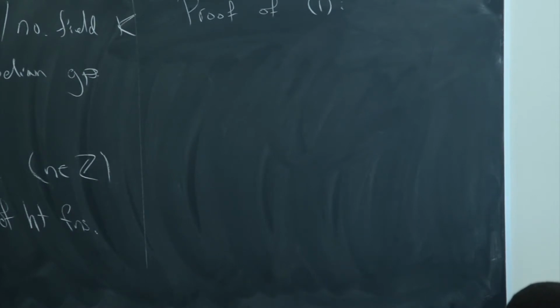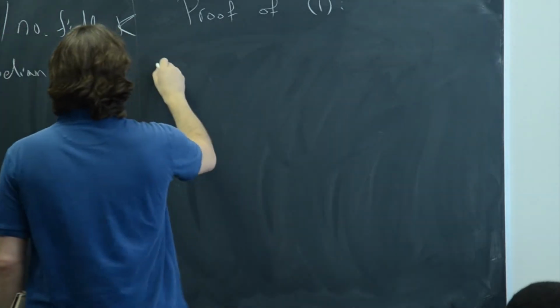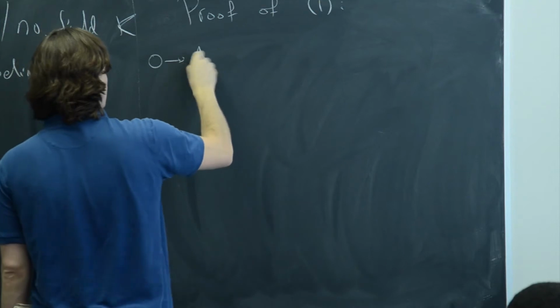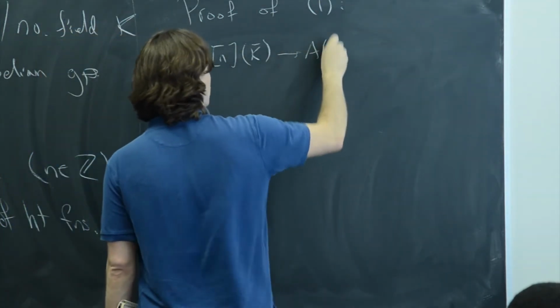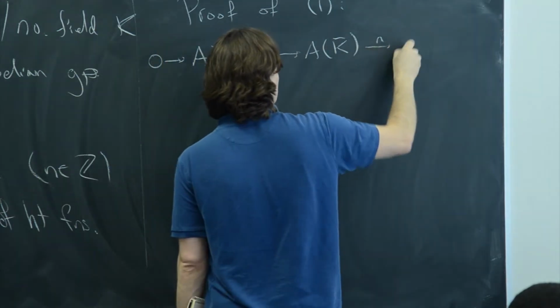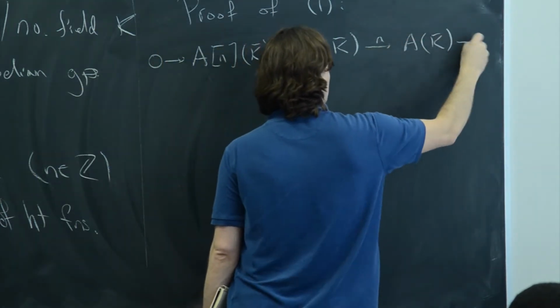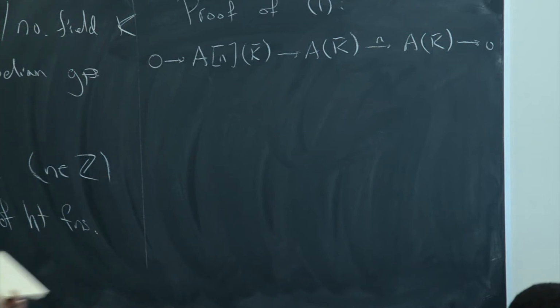The idea is really to use Kummer theory. The Kummer sequence is just this exact sequence. A of k bar, that's the k bar points of A, is an enormous group.